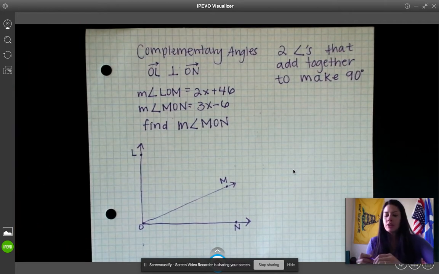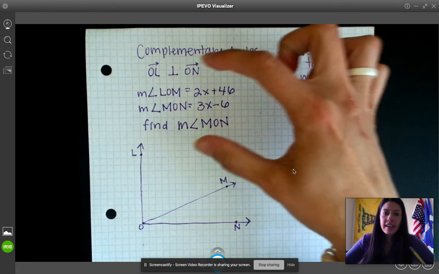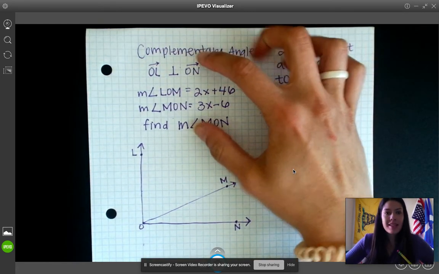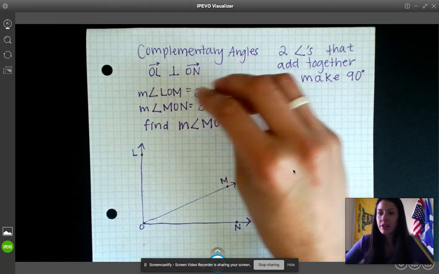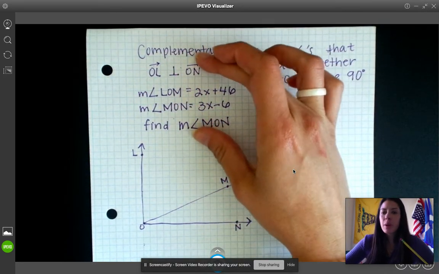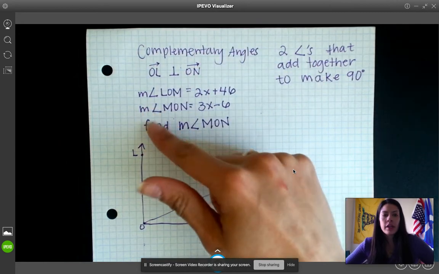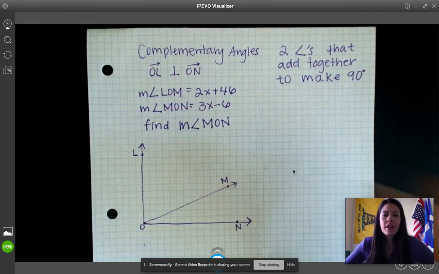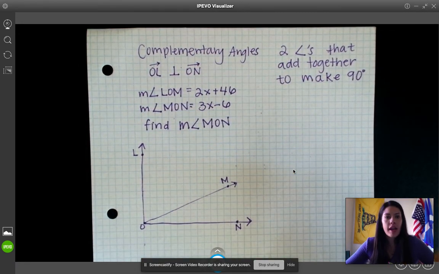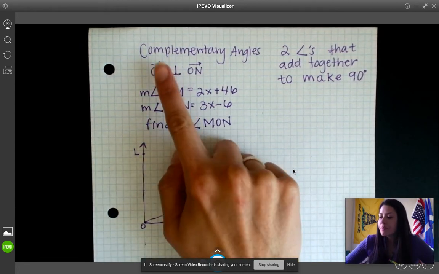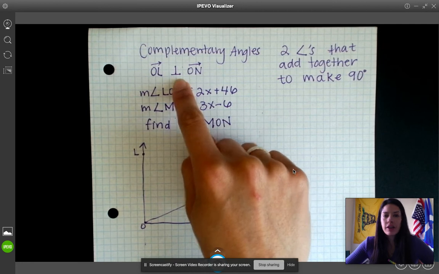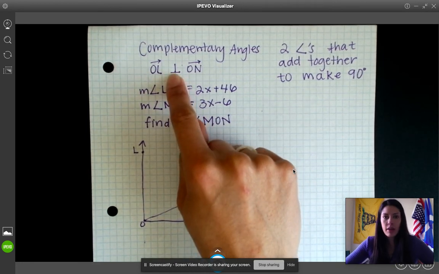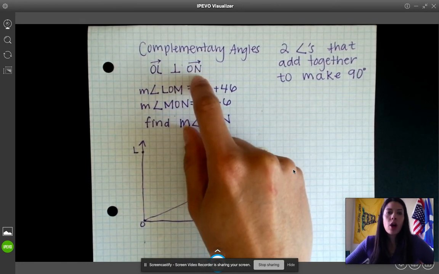All right, so we're going to be looking at what we are given for the problem. I don't want you to get too overwhelmed by all the numbers and letters, but this is what we're given, and we're also given the picture of our angles. This says ray OL is perpendicular to ray ON.